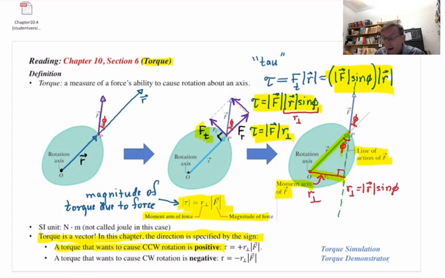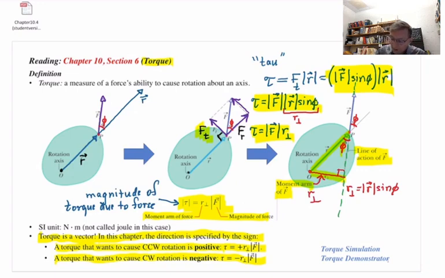Tau would be positive r perp times F magnitude. And a torque that wants to cause clockwise rotation is assigned a negative value. Tau would be written as negative r perp F. And you have to be able to tell from the context of the situation whether the given force is going to want to cause counterclockwise rotation or clockwise.